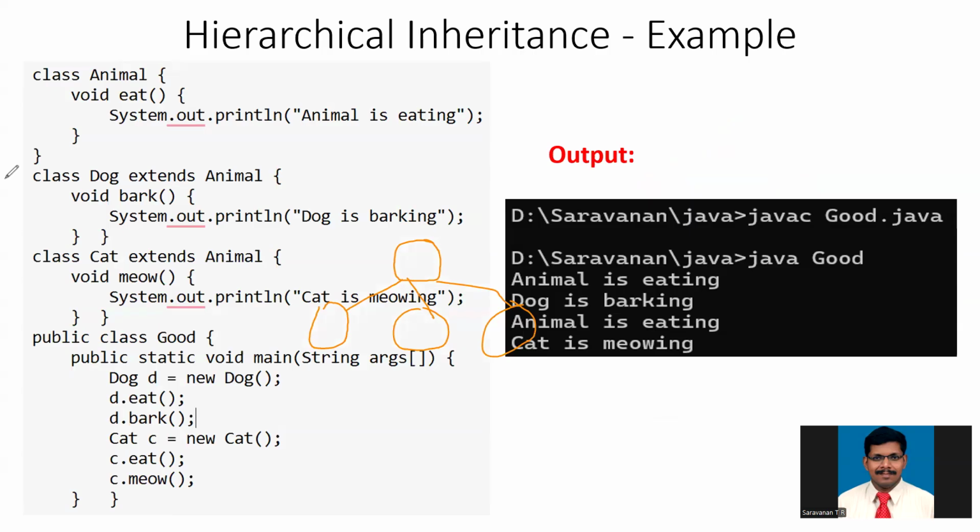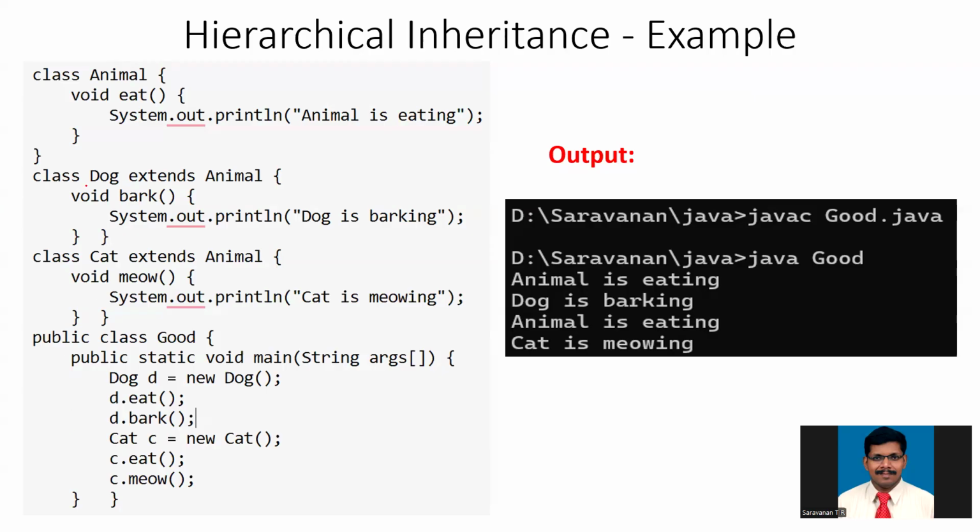Next, hierarchical inheritance example. Here we have a class Animal, and Cat extends Animal. Now we have a Dog.